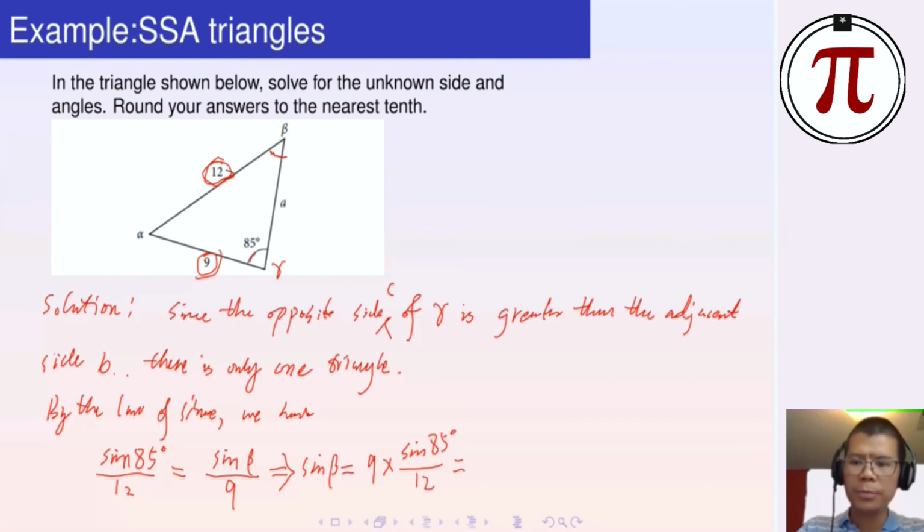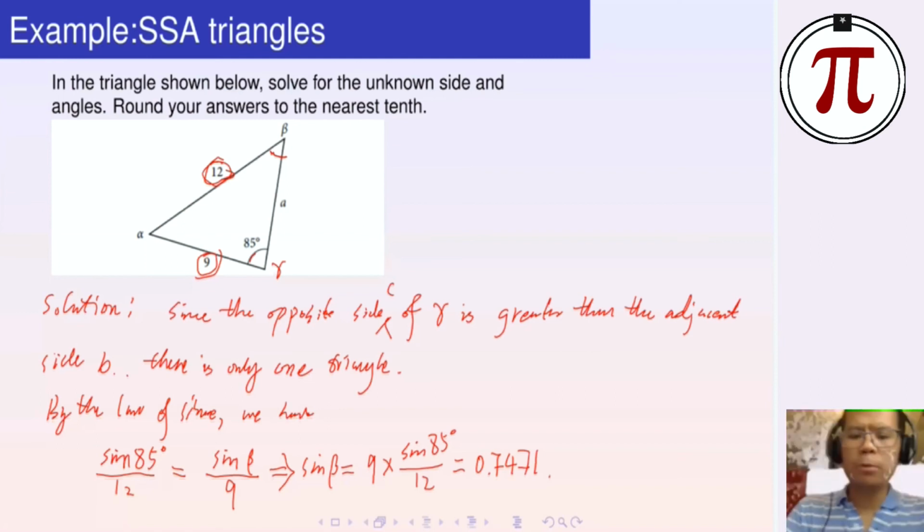Anybody find this? I got 0.7471. So therefore beta equals what?